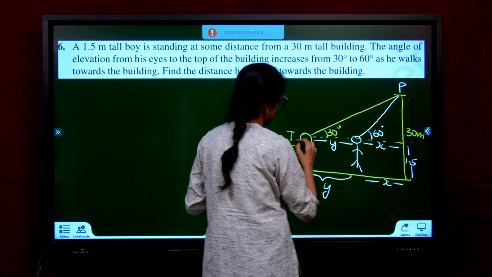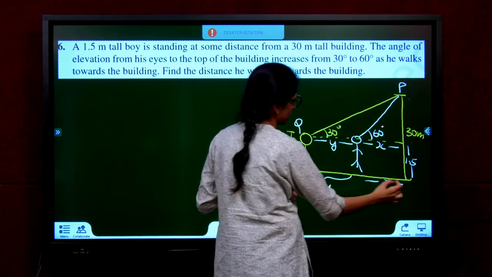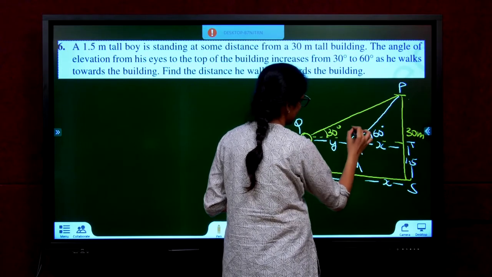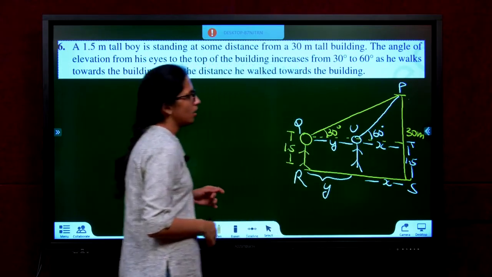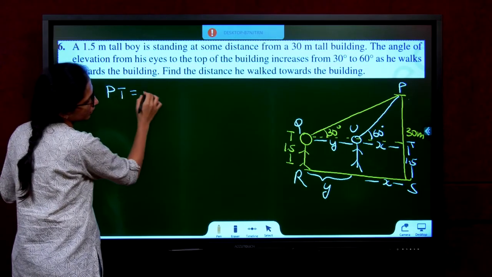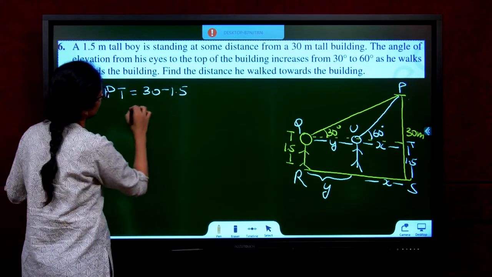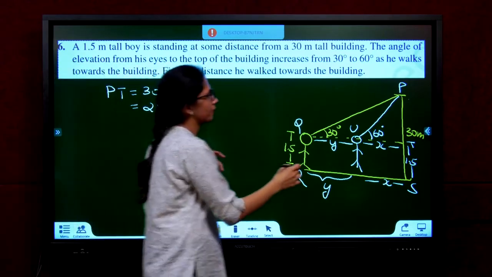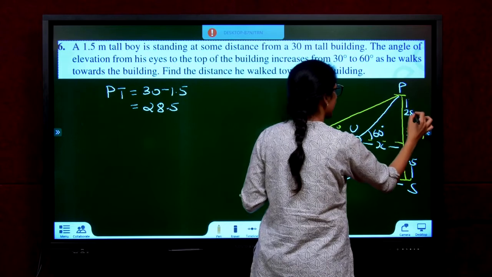So P, Q, R, S, T, and let's say this point is U. First I want PT, so PT is equal to 30 minus 1.5. 30 minus 1, 29, 29 minus 0.5, 28.5. So this part is 28.5.